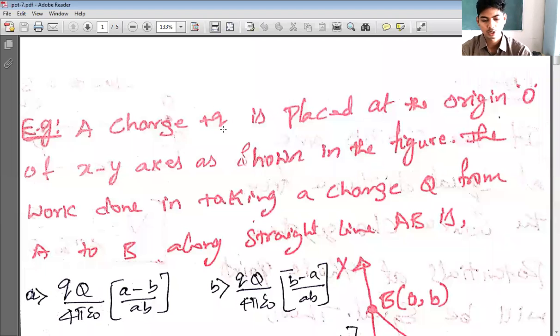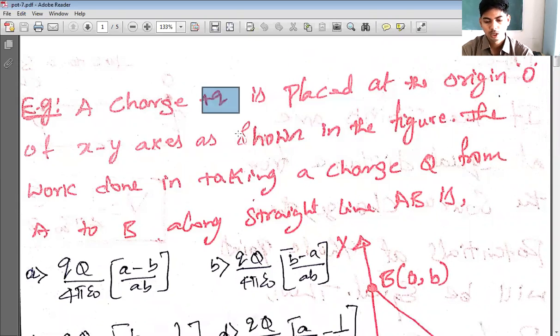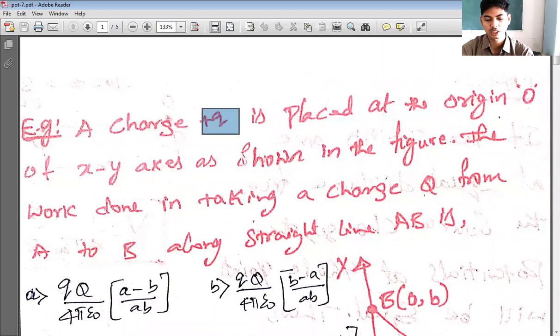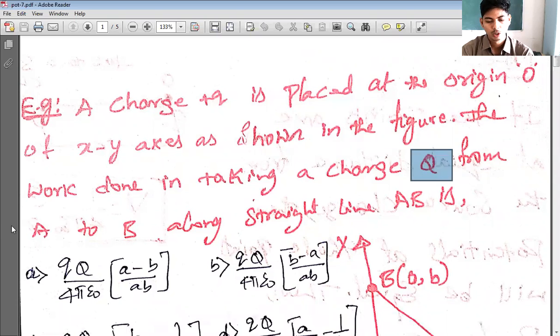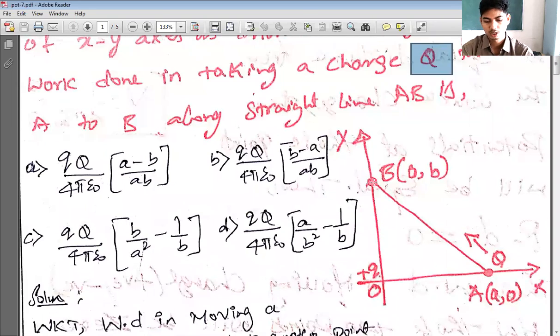A charge plus q is placed at origin O of xy axis as shown in the figure. Work done in taking charge capital Q from A to B along straight line AB is. See, this is the diagram shown.